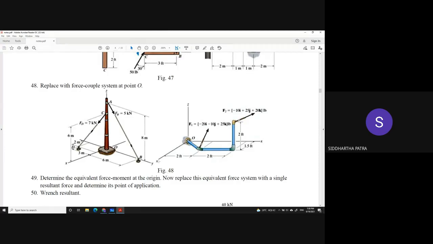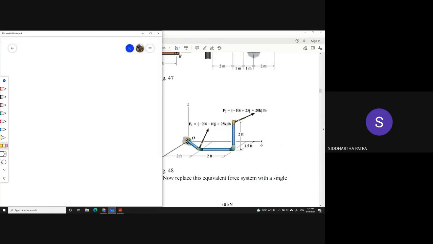So this one is x and this one is y. Just take it to be a right-handed system. So in this case also, your job is to get the equivalent force system at O.